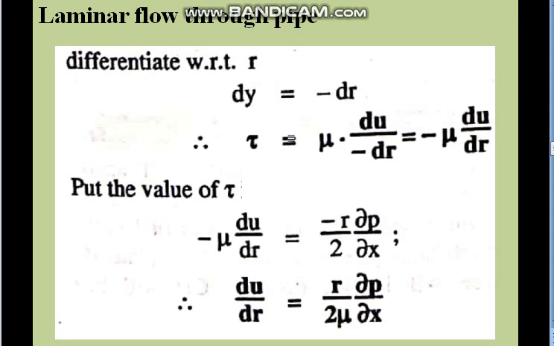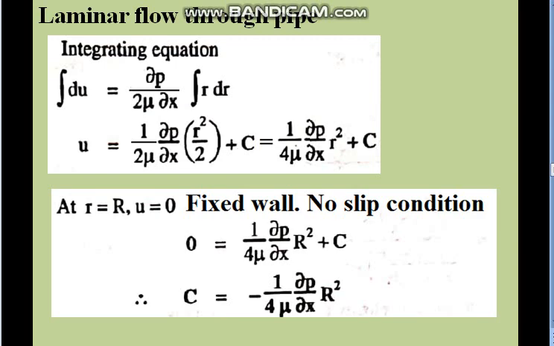So you put this tau value in the earlier shear stress equation, and we get the equation of du, the change of velocity. Now from this equation I can find velocity u at any radius r from the center line by taking the integration. Now our interest is to find velocity at any radius r.